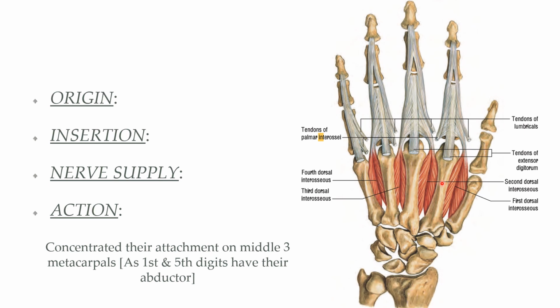Just like palmar interossei, dorsal interossei also insert few of the fibers over the base of the proximal phalanx, and the remaining fibers merge with the dorsal digital expansion. The dorsal interossei get their motor nerve supply from the deep branch of the ulnar nerve.